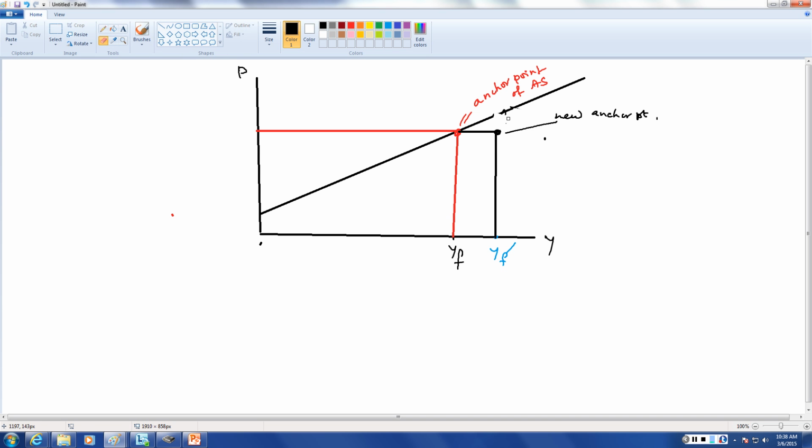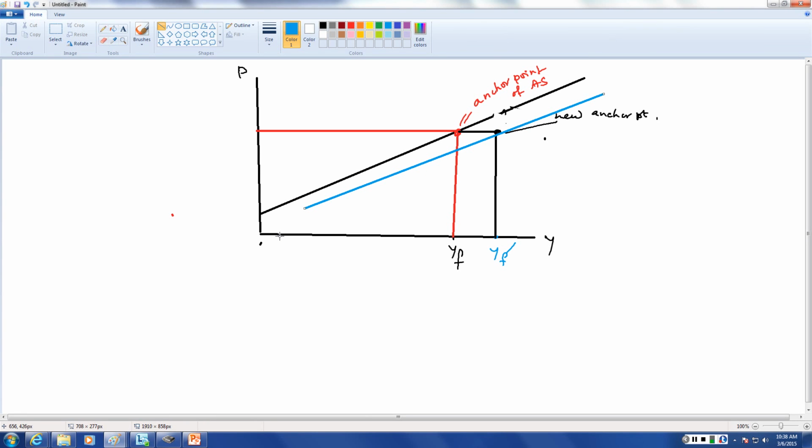Now with that new anchor point, of course, you are going to need a brand new AS curve. And what is that AS curve going to look like? Is that correct? So the AS curve is shifted to the right. And why has this shift happened? It's happened because of an increase in the economy's level of potential real GDP.